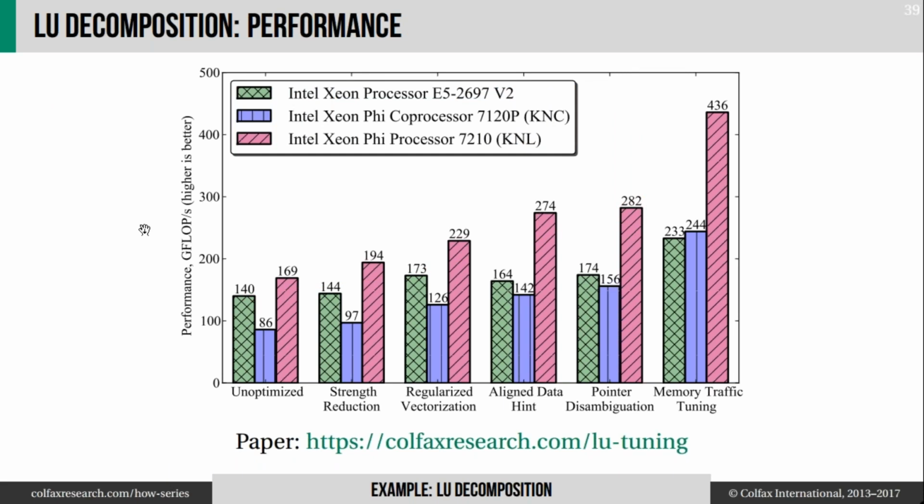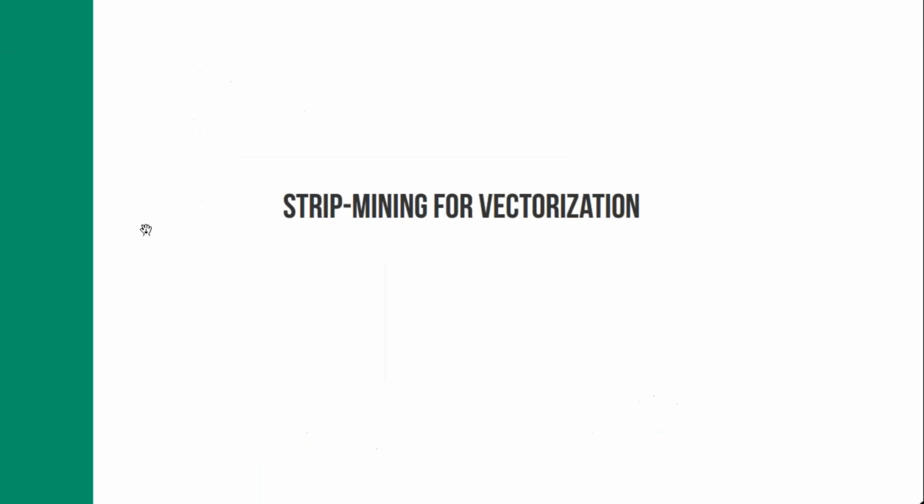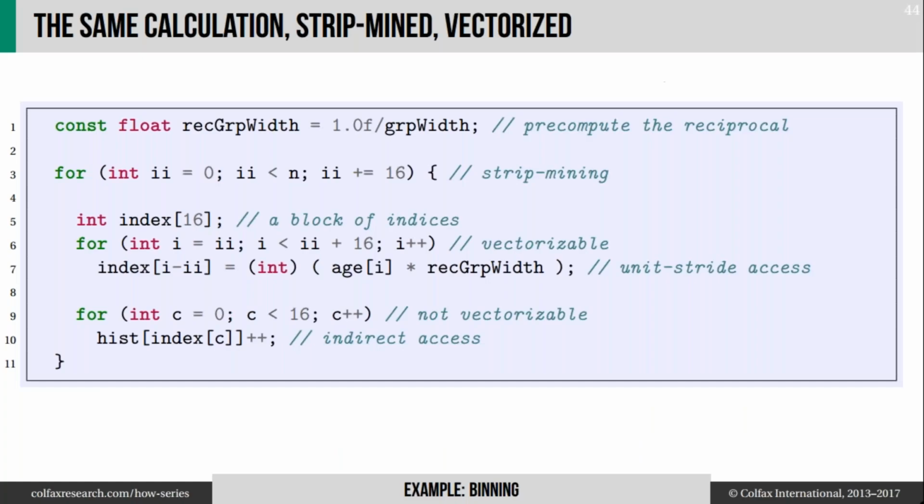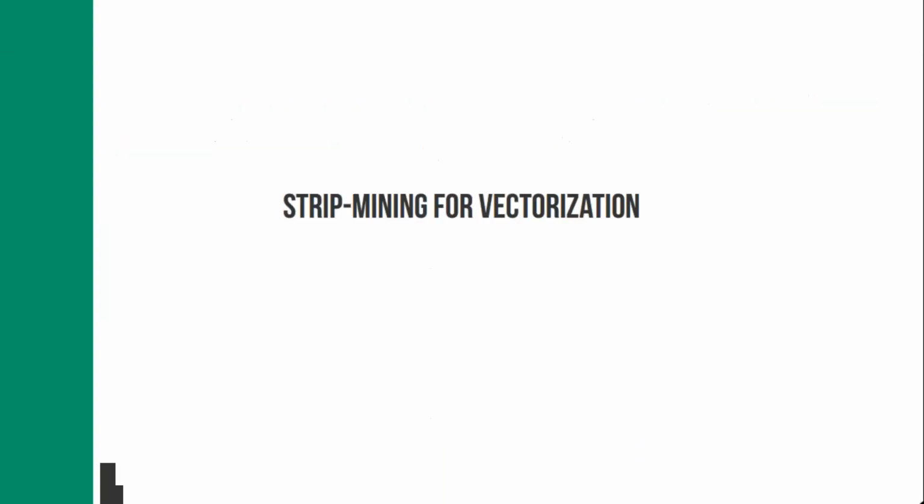But to conclude the theoretical part of the presentation, I want to discuss the last technique for optimizing vector calculations, and that is strip mining. Is it the last technique? Sorry. Yes, it is.